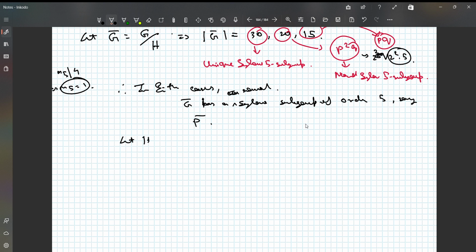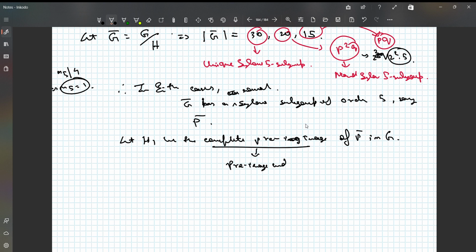Let H1 be the complete pre-image of P bar, where P bar is a subgroup of G mod H, that is G bar. So H1 is in G. Complete pre-image means pre-image under the natural quotient map, or the natural projection.